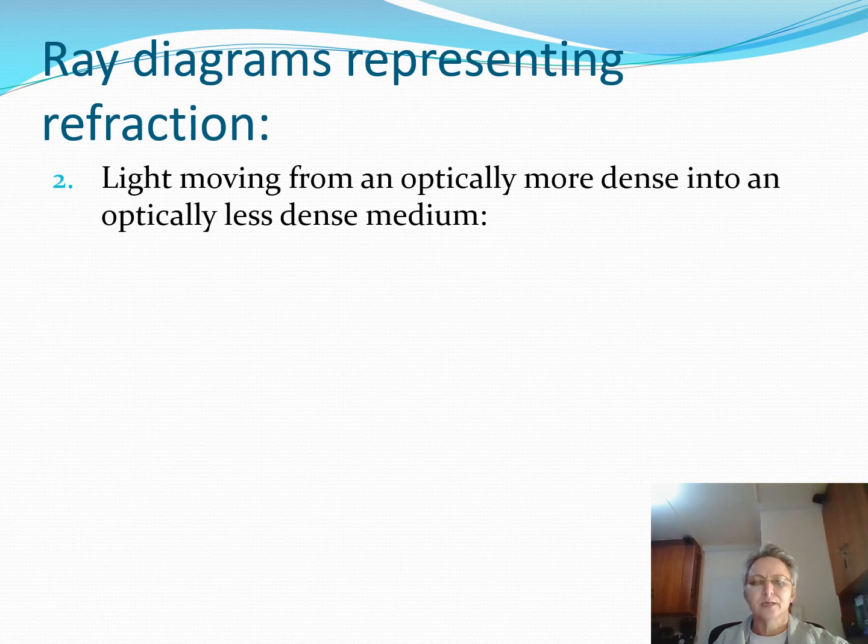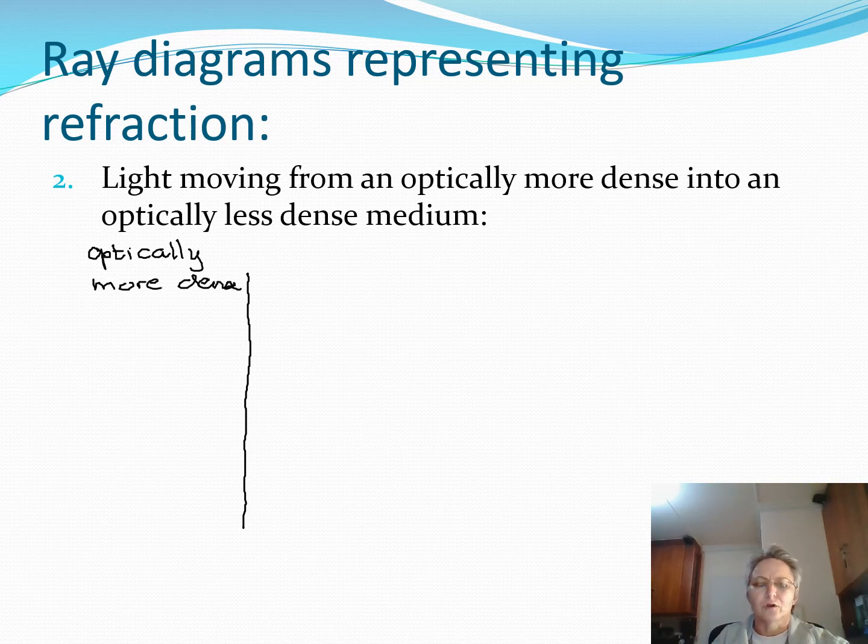Secondly, a ray diagram where the light is moving from an optically more dense into an optically less dense medium. So what is different? The difference is now the light will be moving from the optically more dense medium into an optically less dense medium.